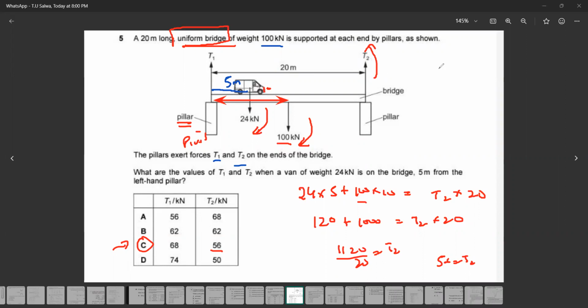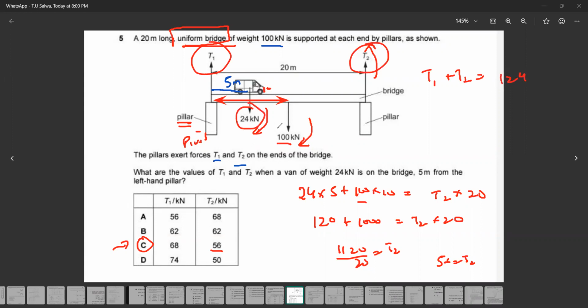Then I will use the first condition of equilibrium, that the total upward force equals the total downward force. So I can also get T1, because T1 plus T2 is upward, and the total downward force is 124.